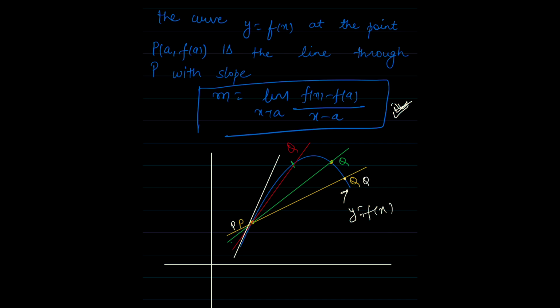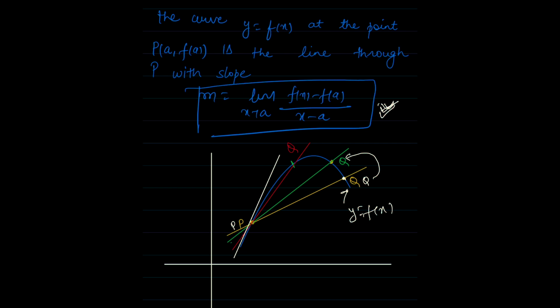First it is here, so the yellow line is passing through P and Q. Then Q moves to another place, which is also on the function, so the green line is also passing through P and Q. Now Q is here, so the red line is also passing through the points P and Q.